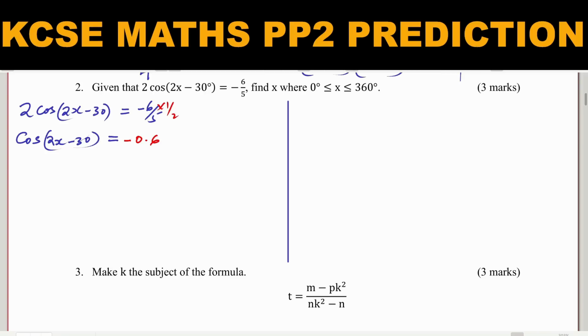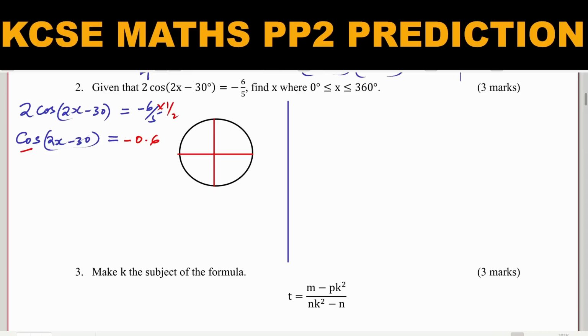Then from there, there's something I want you to note here. The negative. What is the meaning of this negative? -0.6, and you're working with the cosine. So when you draw the trigonometric circle, and I will indicate all the quadrants, the negative implies where cosine is negative.